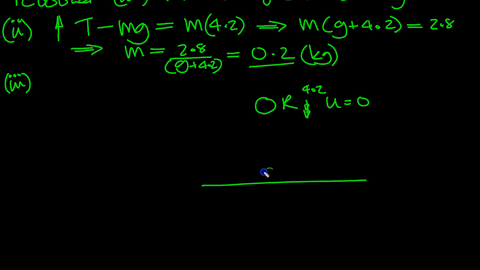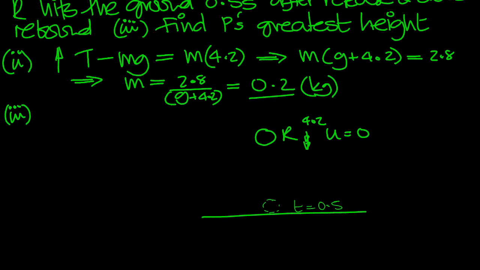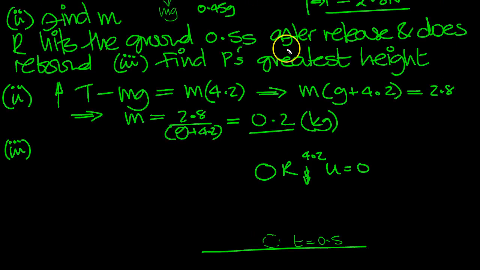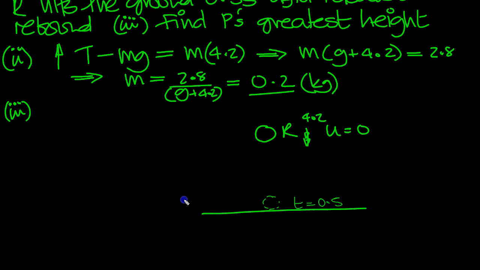It hits the ground half a second later, it says in the question. t is equal to 0.5 seconds. Now P over here was at ground level. So the height that R falls will be the height that P rises to here.